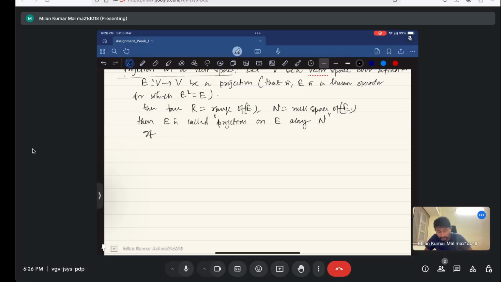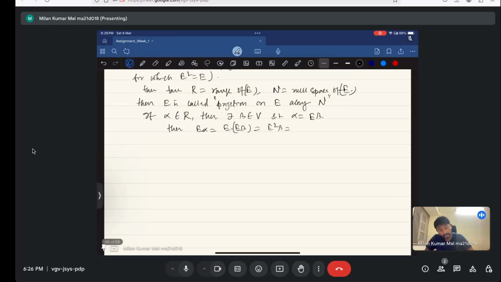if I consider an element alpha in R, that is the range, then there exists an element beta in V such that alpha equals E beta. Then E alpha equals E of E beta, which is E square beta, but we know E is a projection, therefore E square equals E, so this is E beta, which is alpha.